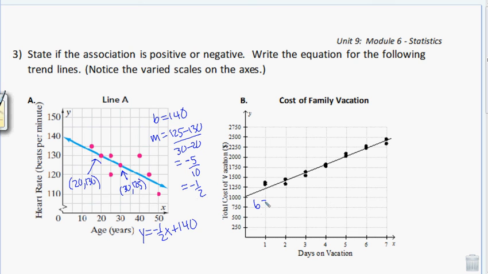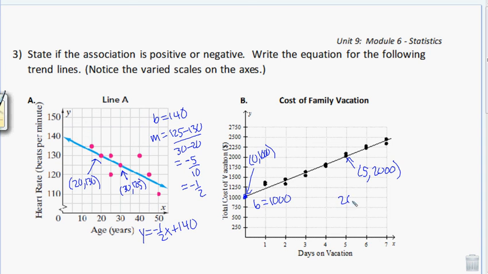This one I'm going to say my y-intercept is at 1,000. And I'm actually going to pick this point right here, 0, 1,000. And how about this point right there? 5, 2,000.